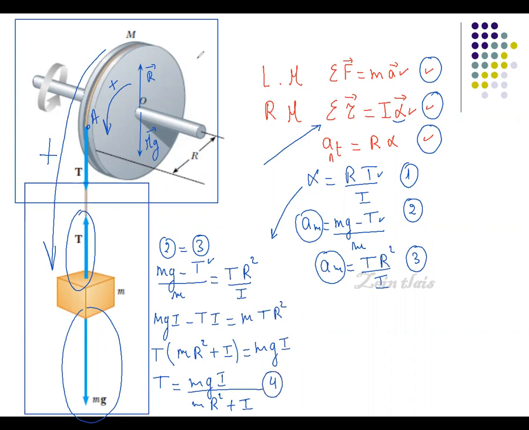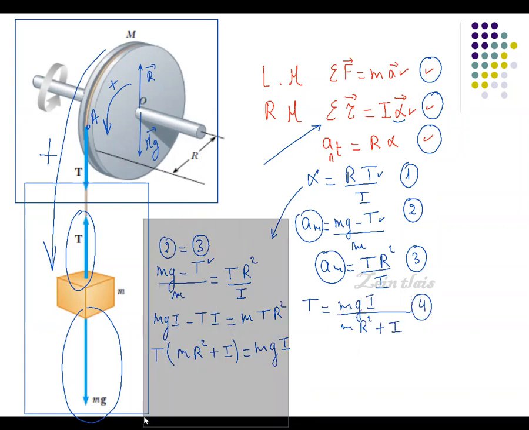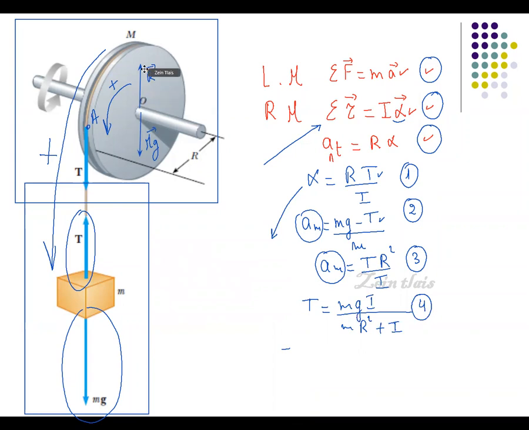So now we have all the equations to calculate. I want to calculate now alpha. We substitute 4 in 1.